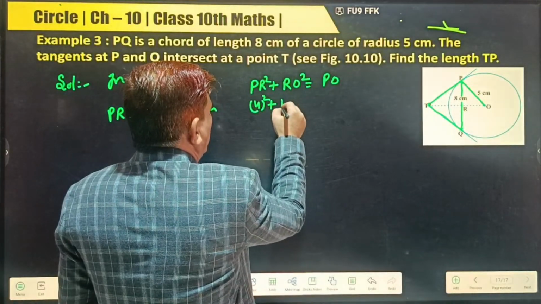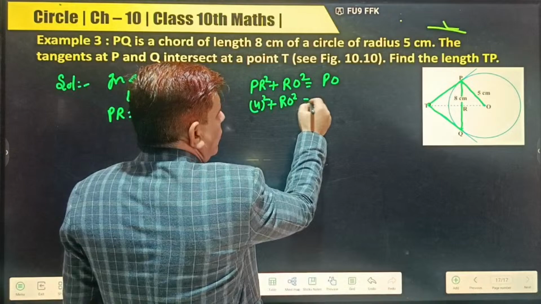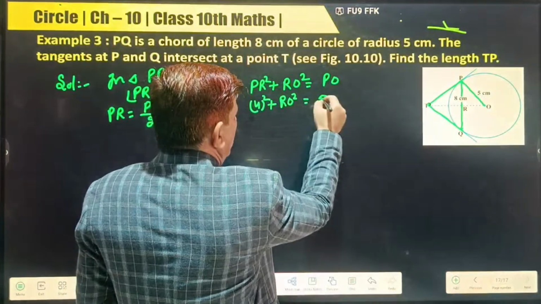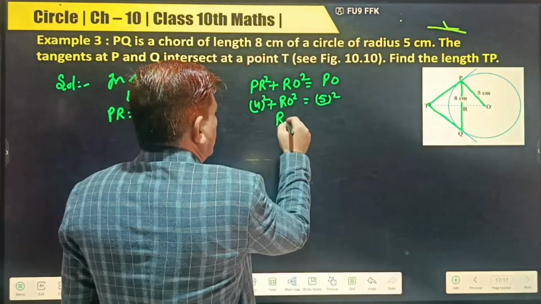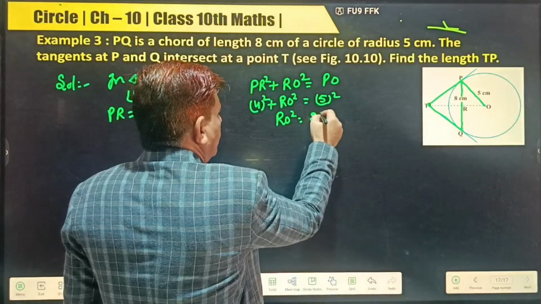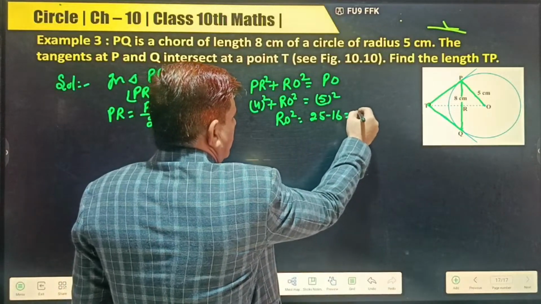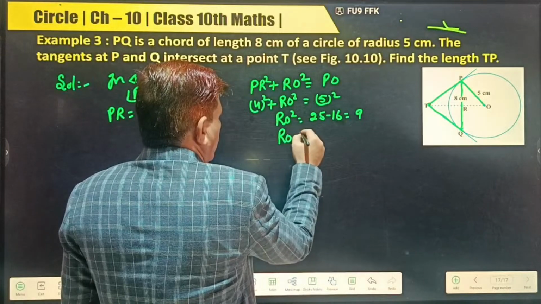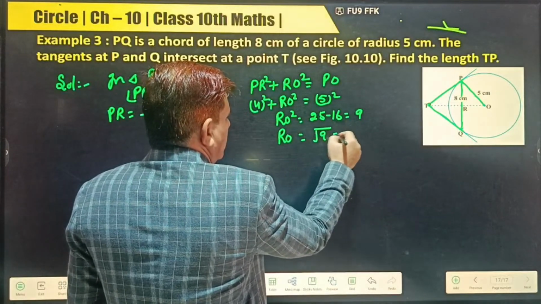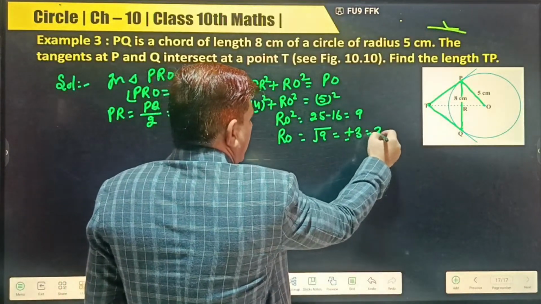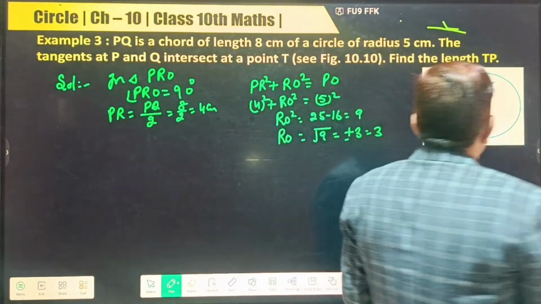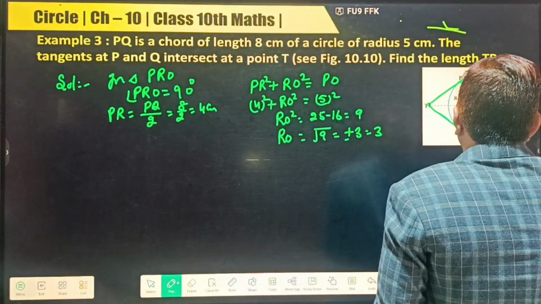This we have to find out: RO square, OP is 5, square. So RO square is equal to 25 minus 16 is equal to 9. So RO is equal to plus minus 3, and length is always positive. So this is 3 centimeters.